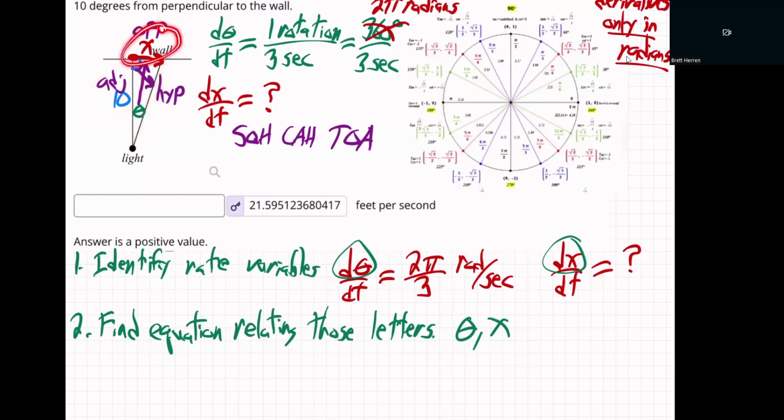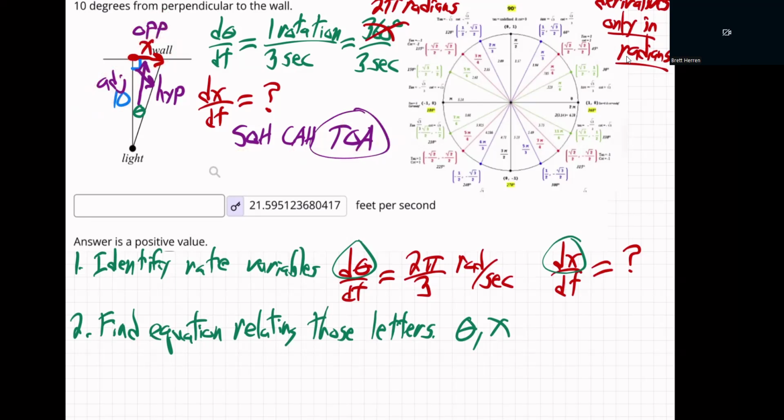I want to find x, and I got the 10. Students often ask me, Mr., how do you know which trig function, sine, cosine, tangent, how do you know? Well, you just look at the two sides you have, or you want to know. X, I want to know; 10, I have. I don't know anything about the hypotenuse. So x and 10, that's opposite and adjacent. Which one of these trig functions is opposite and adjacent?